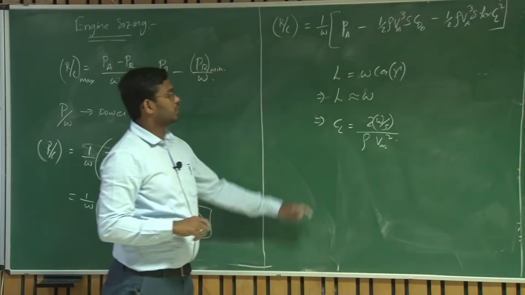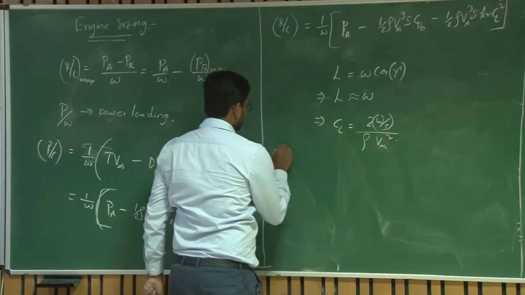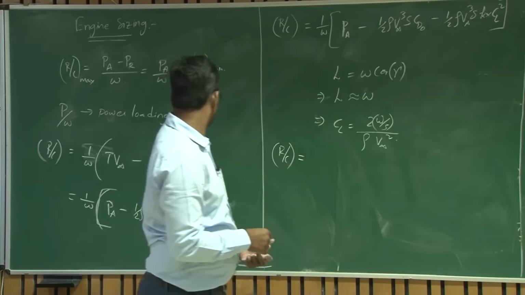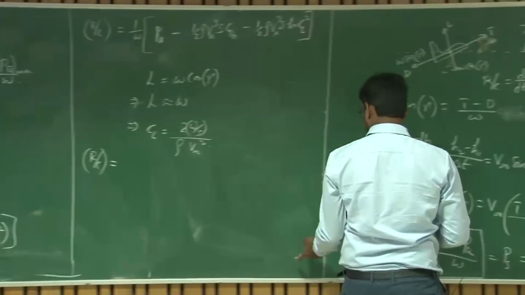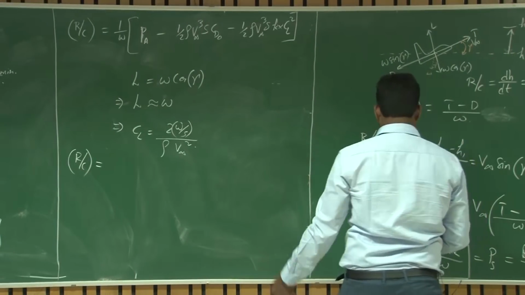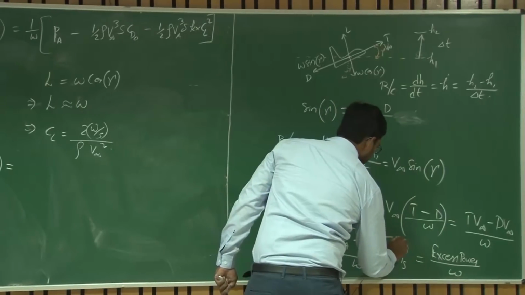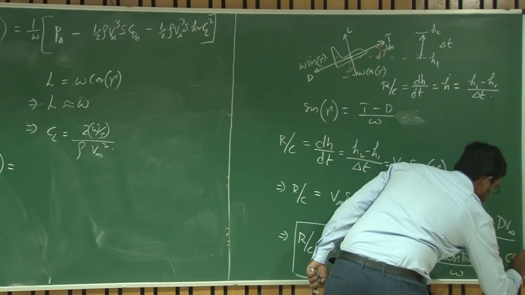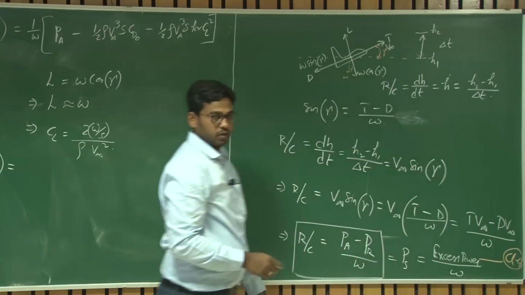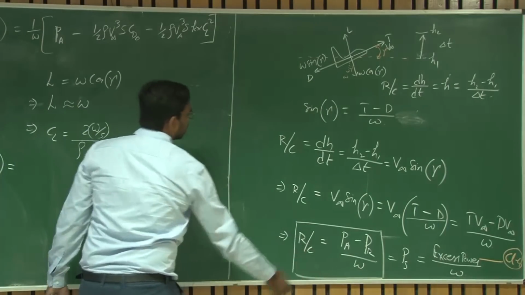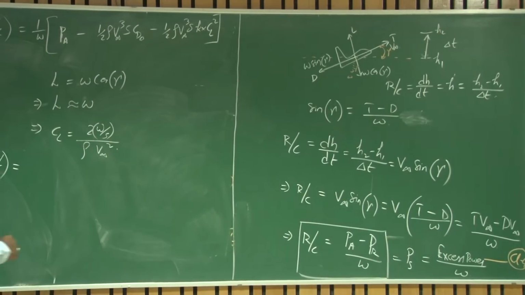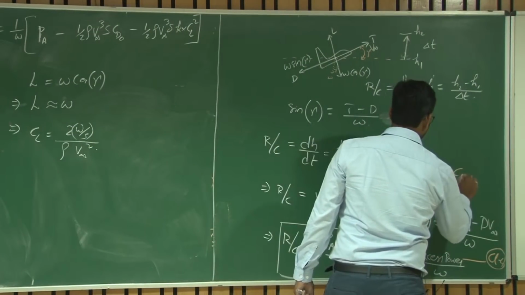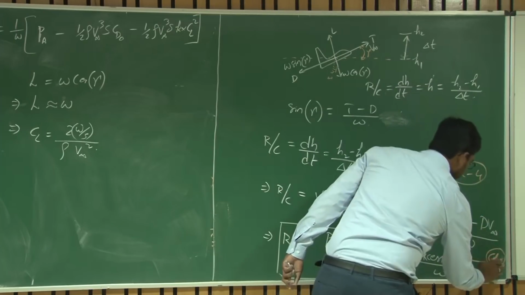Substituting this in the above equation, what we have is the rate of climb equal to... Consider the earlier equation as CL 3, this one as CL 4, and this as CL 5.